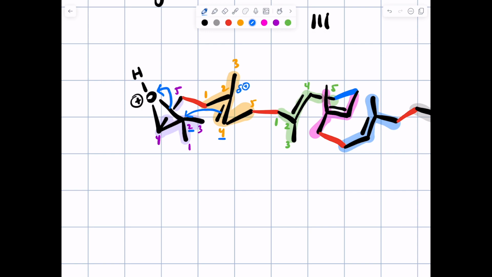on green carbon 4. Between green carbon 4 and green carbon 2, we have this pi bond, which can again act as a nucleophile to attack the building up of positive charge on orange 2, which happens at the same time as orange 4 is attacking purple 2.